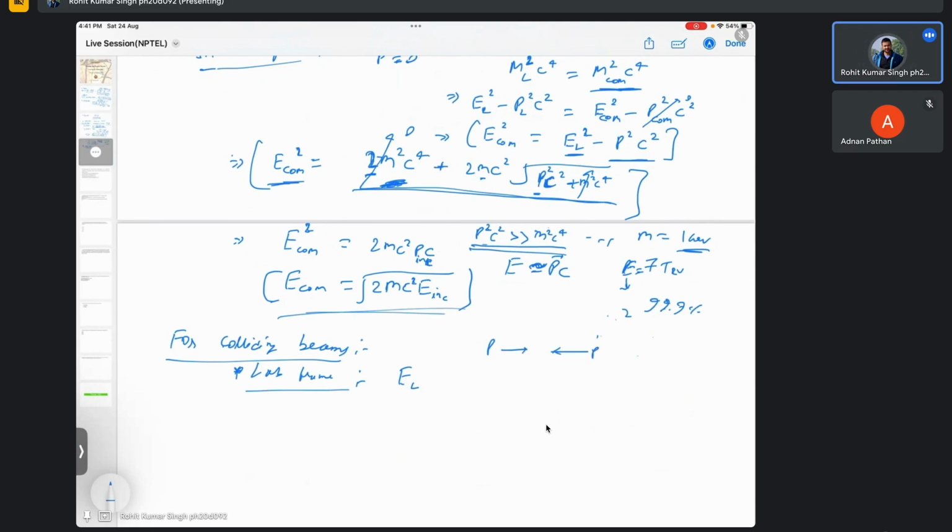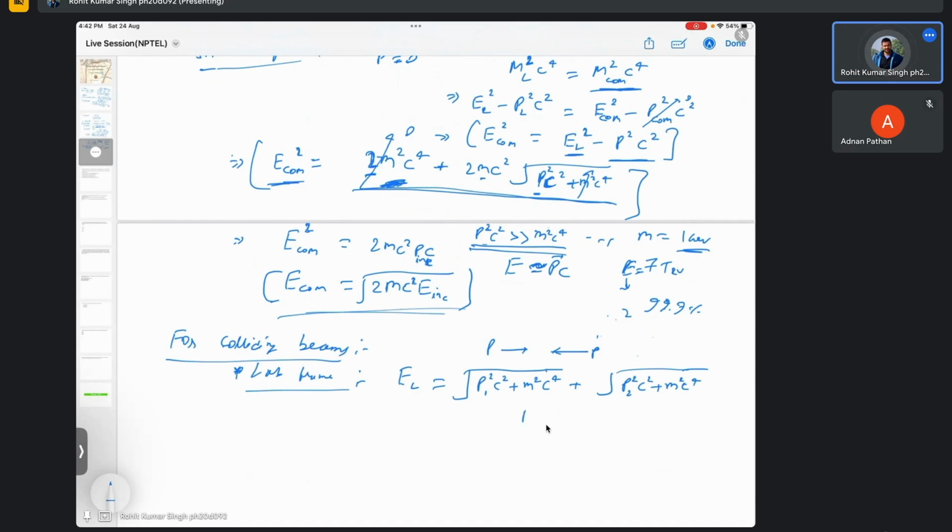Suppose we are colliding protons, so the beam is moving from both sides. Again, we are assuming them to be the same, so the mass will be the same. This is fine, right?